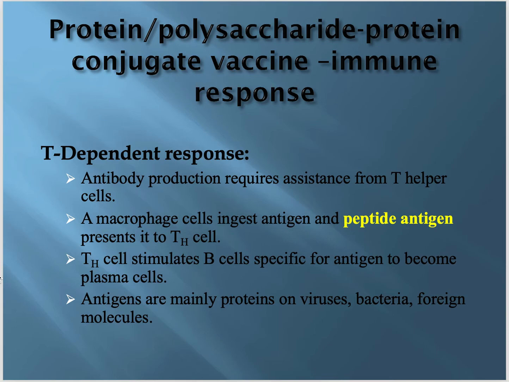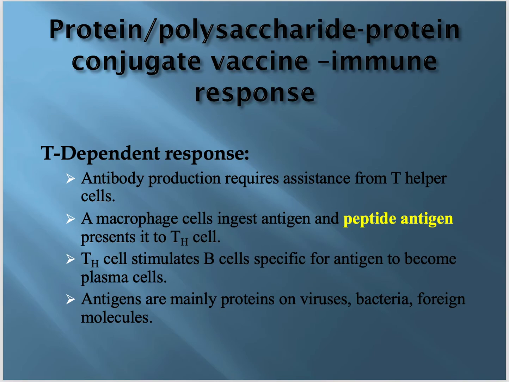In a T dependent response, antibody production requires assistance from T helper cells, and macrophages ingest the antigen and present the peptide antigen to the T helper cell. The T helper cell then stimulates B cells specific for the antigen to become plasma cells, and these antigens are mainly proteins on viruses, bacteria, foreign molecules, etc.